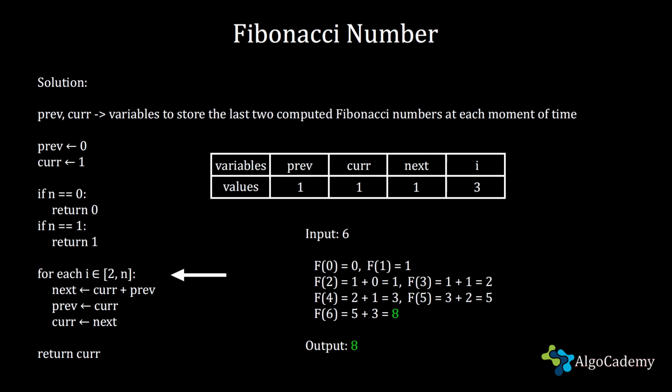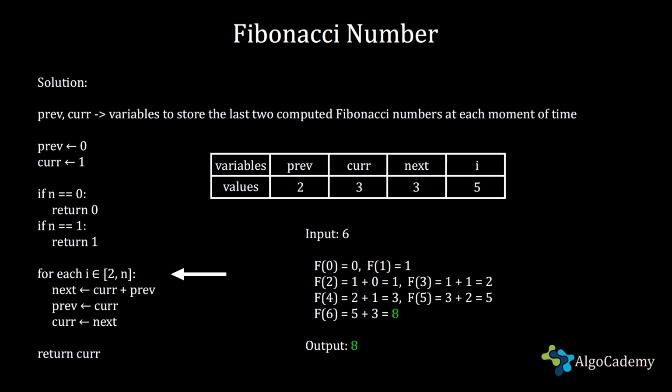i equals 3. Next becomes 1 plus 1, which is 2. Prev is assigned value 1, so it stays 1, and current becomes 2. Next step, i equals 4. Next is now 1 plus 2, which is 3. Previous is now 2, and current is now 3.